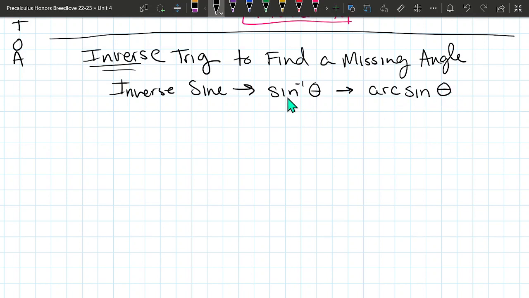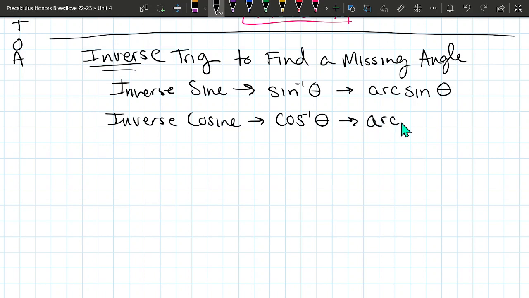I think the TI calculators have the button as sine inverse, but for example, my calculator has a sine that stands for arc sine, so it's just another name for it. Same thing, nothing changed. There's also the inverse of cosine, or cos to the -1 of theta, cosine inverse theta, or arc cosine of theta.